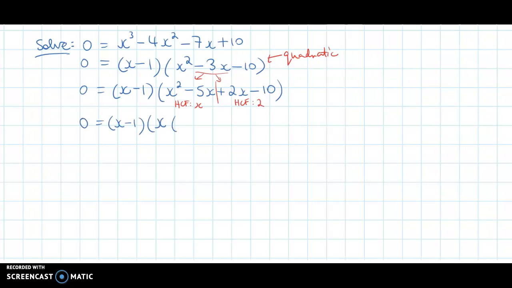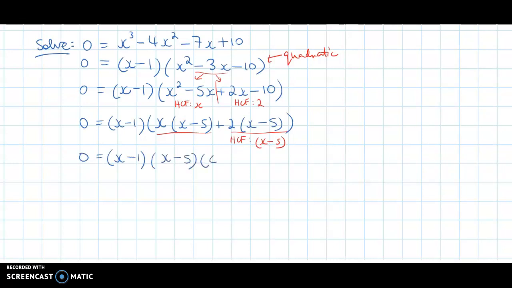So I've got x outside of x minus 5, 2 outside of x minus 5. You should be able to see that a highest common factor to both this term and this term is now x minus 5. So that gives me my finalised factorised cubic ready for solving.